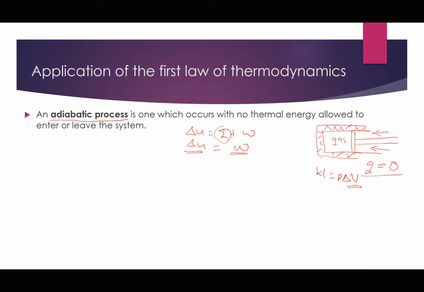That is a compression. When work is done on the system, the work done is assigned a positive value. If work done is positive, automatically the change in internal energy will be positive. Therefore, work being done on the system causes an increase in internal energy of the system.